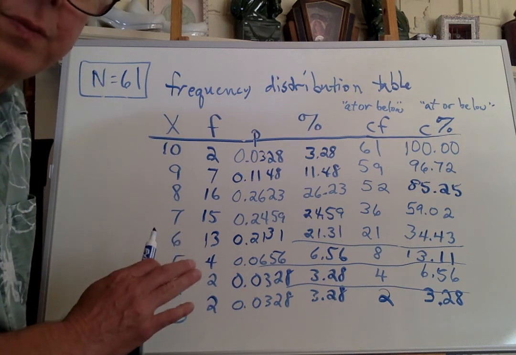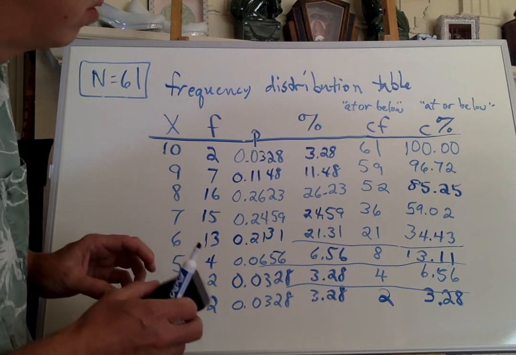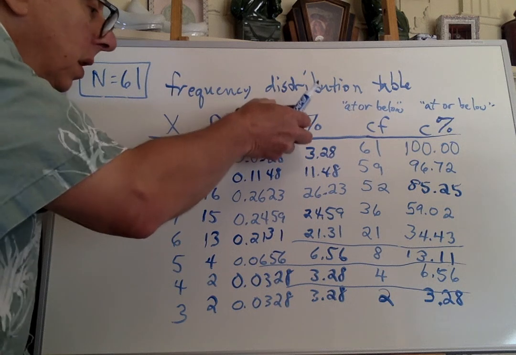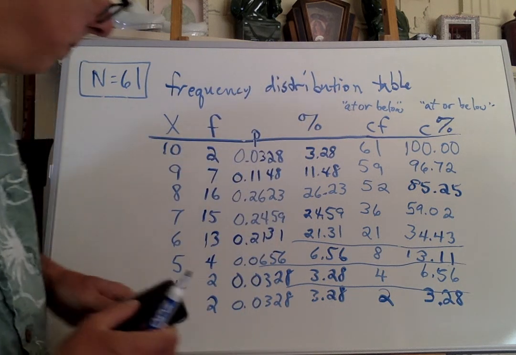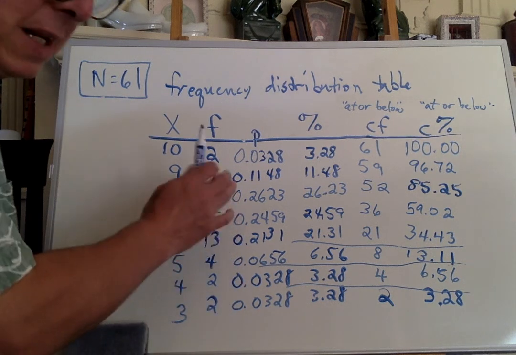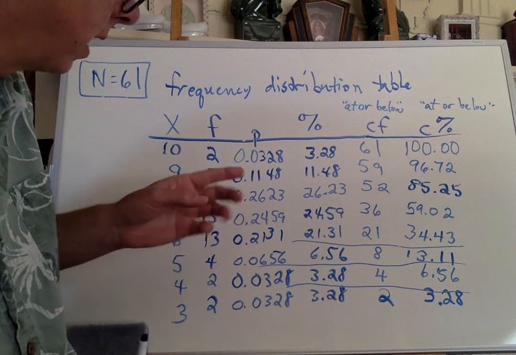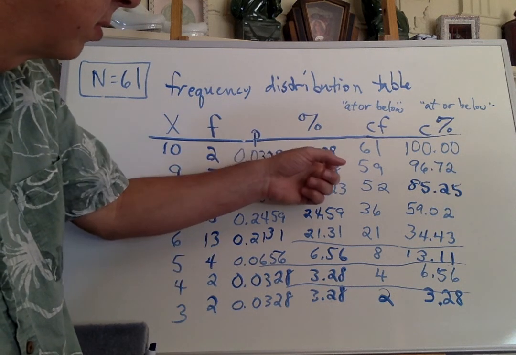So that's our table. And in fact, I'm soon going to get rid of this column. We don't need to do that right now, I don't think. But I go through this because, number one, you're in college and you should know the relationship between proportion and percentage.